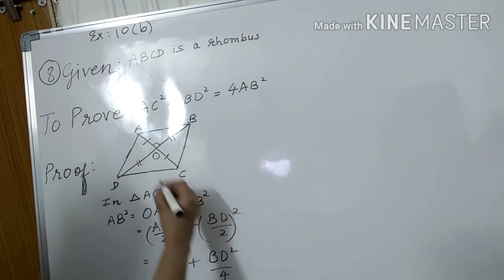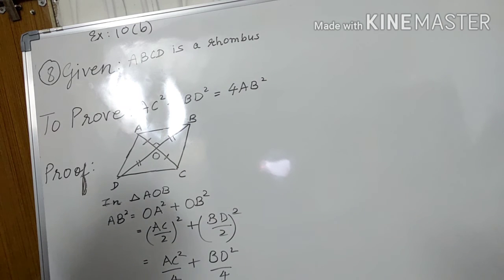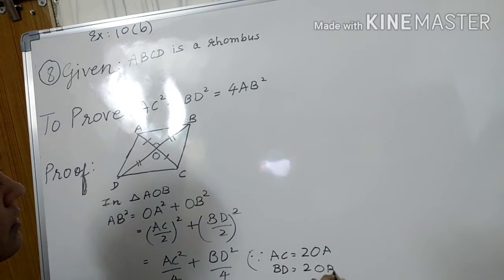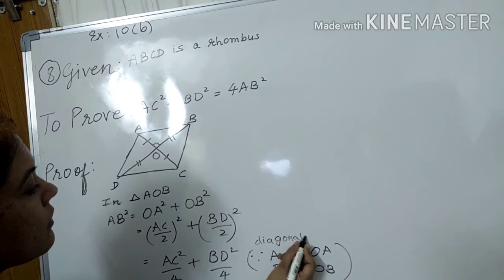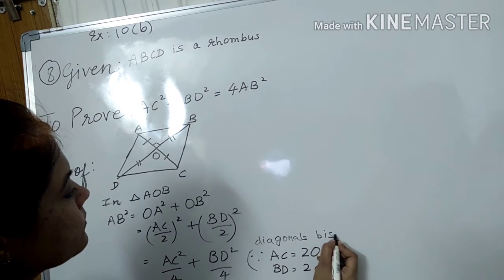Also you can write, ABCD is a rhombus. So you can write the reason in the bracket here, that AC is equal to double of OA, like AC is twice OA and BD is equal to twice OB. Or you can write diagonals bisect.